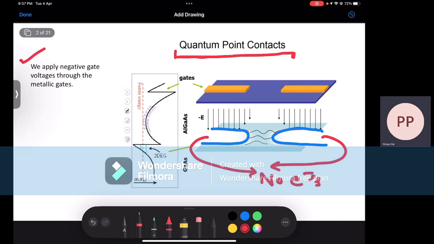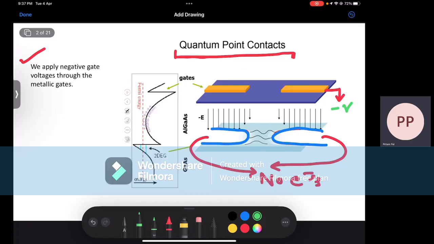We apply the negative gate voltages through the metallic gates. So this is our first topic, and this is very important, a wonderful example of a one dimensional system.